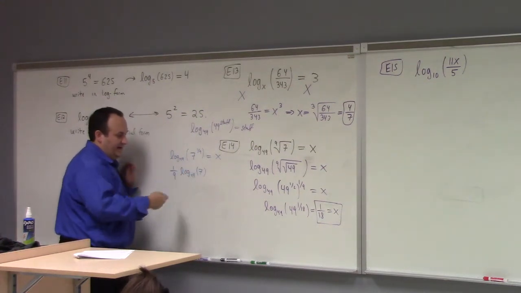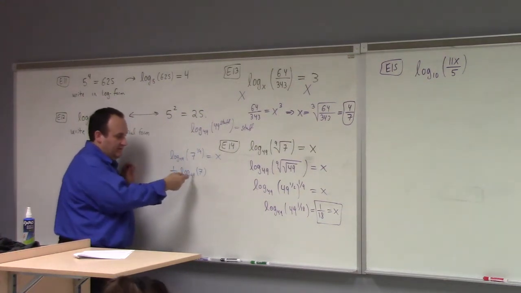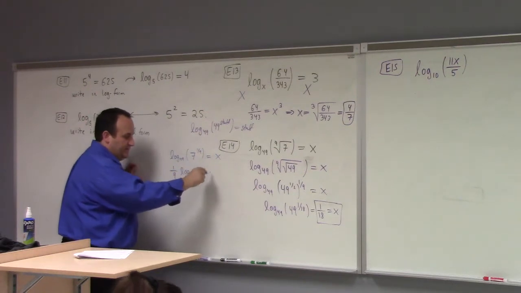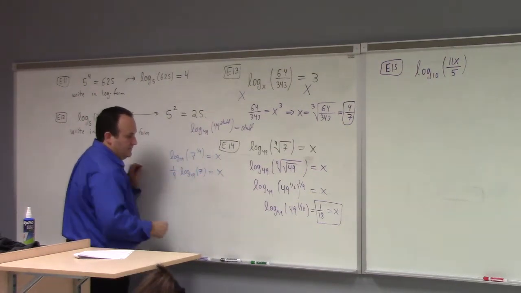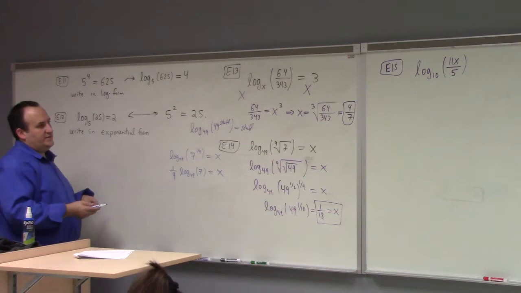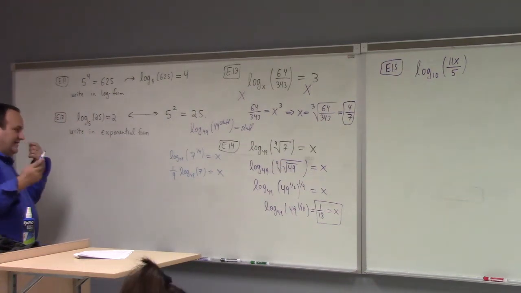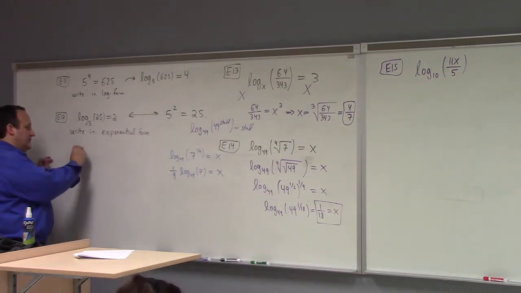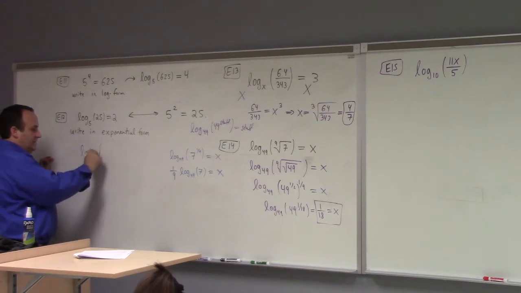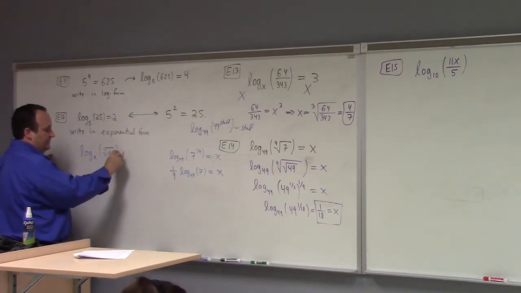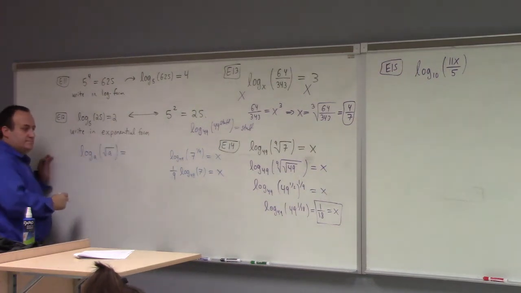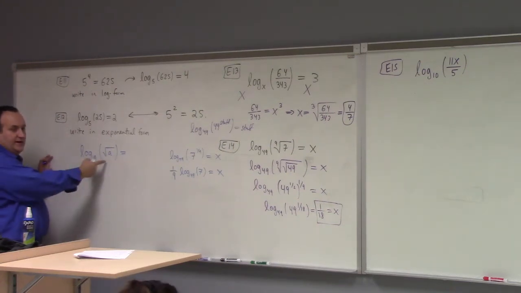So you could do that, and then if you think about this, maybe this is an identity worth putting on your sheet. Log base a of the square root of a, what's that equal to? We've got a to the 1/2 power, right?